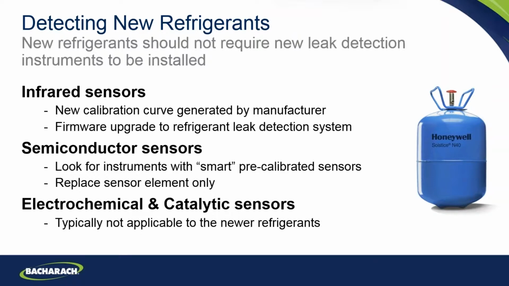Well, the key thing there to note is that new refrigerants should not require a new leak detection instrument to be installed. If an infrared sensor is in place, then a new calibration curve can typically be generated by the system manufacturer. Then it's simply a firmware upgrade to the detection system in order to have accurate detection of that gas.